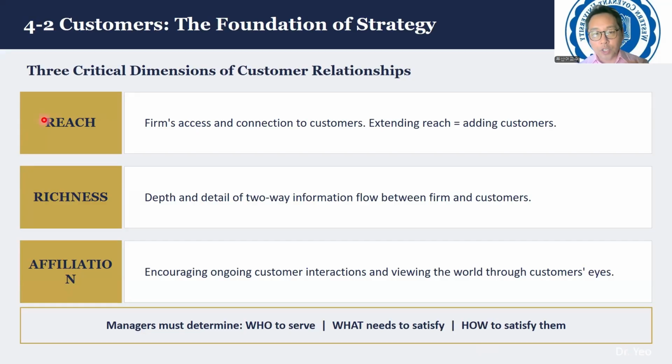First, reach. They connect with as many of the right customers as possible. Amazon's Prime program is a brilliant reach strategy. Once you are enrolled, Amazon becomes your first stop for almost everything.